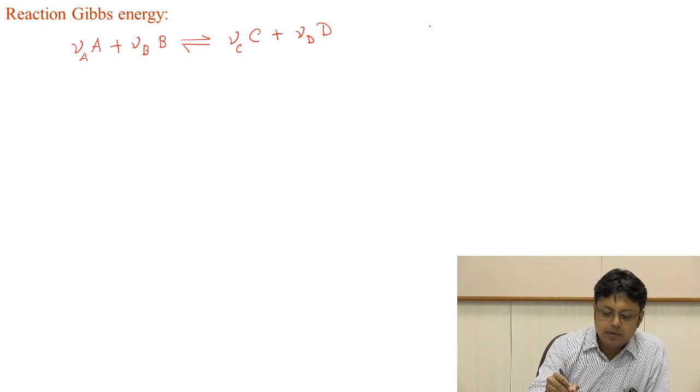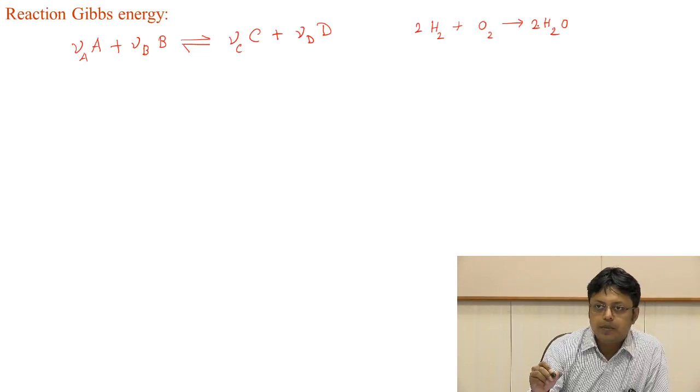Now, let us take an example. For example, say hydrogen and oxygen form water, and you know that the balanced equation will be 2H2 plus O2 gives 2H2O.